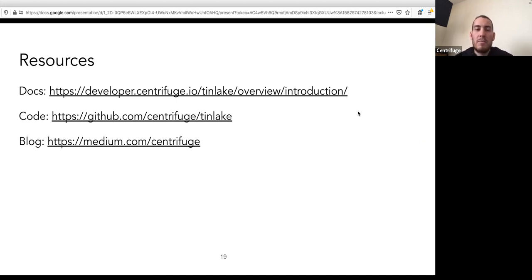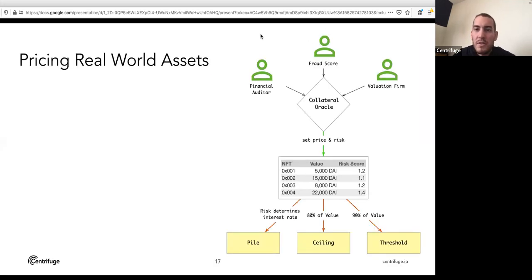The thing we do there, if we go back to this slide, is try to create a system where each individual data point cannot fundamentally break the system, and we try to have redundancy in these so that you can have different auditors audit the system. You can have fraud scoring done by different entities, and so transparently show this information on chain, reducing the need for one centralized layer of trust.